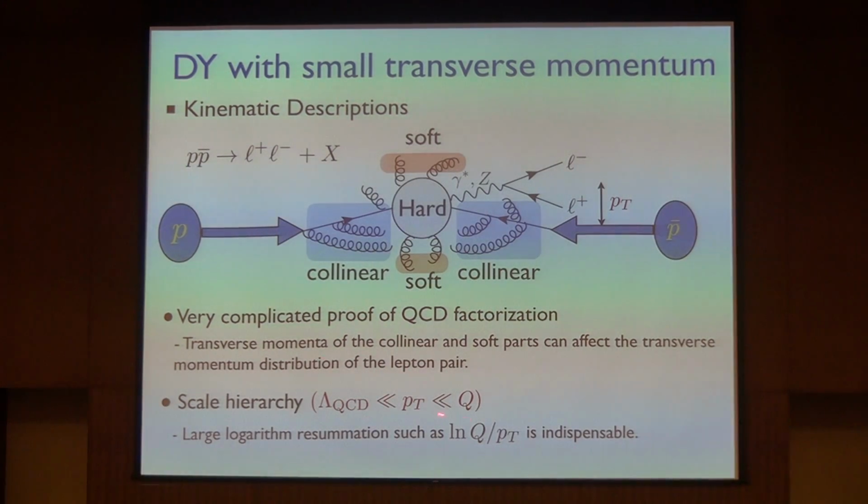Also, like the threshold region or endpoint region, we have a three-scale hierarchy. Q is the largest scale, PT is the second largest scale, and lambda is the smallest scale.